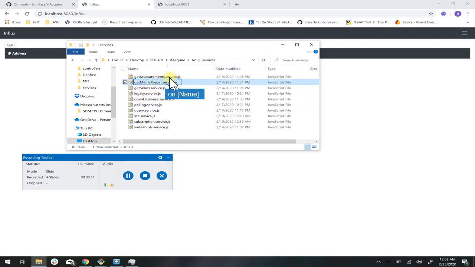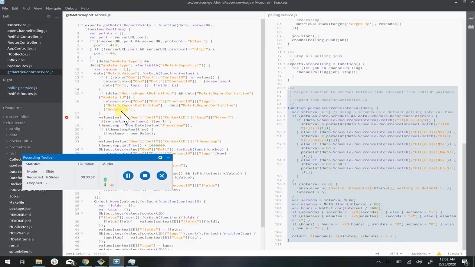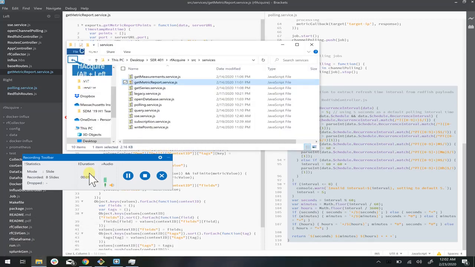So we created all of the JavaScript files for getting the metrics from the targets and refactored to make it easier to understand and make it easier for functionality.